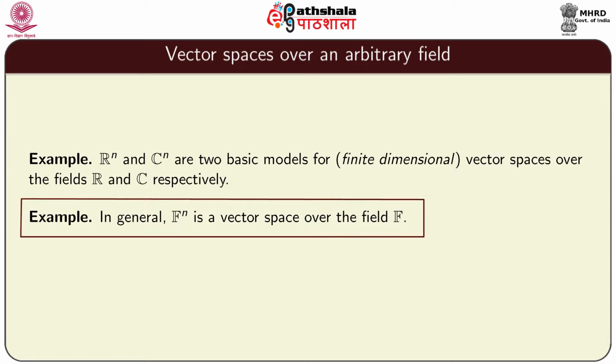So, if you take any field, not R or C or Q or Zp in particular, suppose F is the field and you take F to the power n, which is the Cartesian product of F, n copies, then you can define the natural pointwise addition and the natural pointwise scalar multiplication on F to the power n, and F to the power n is a vector space with respect to these operations.